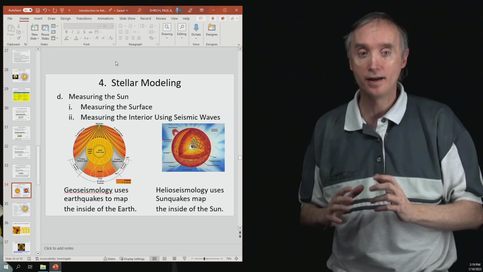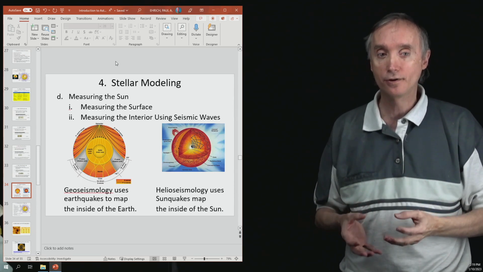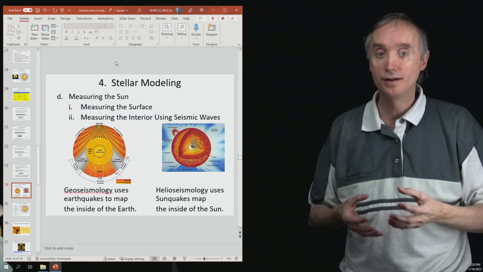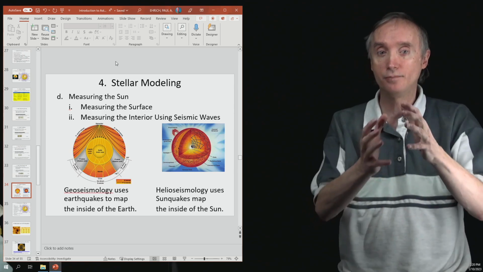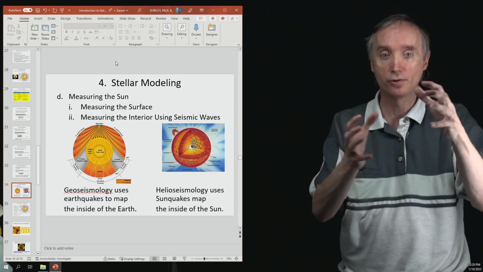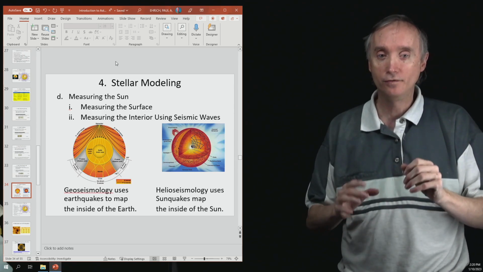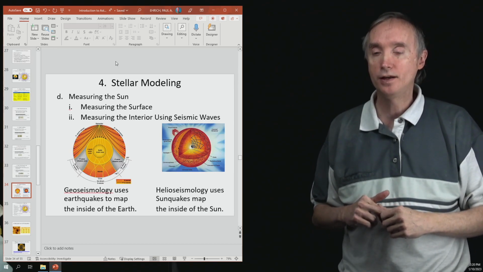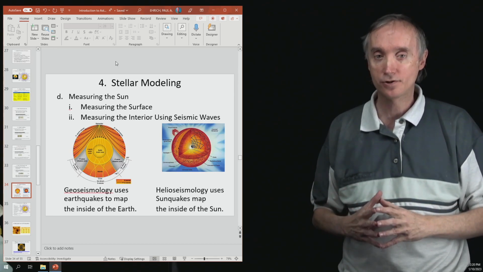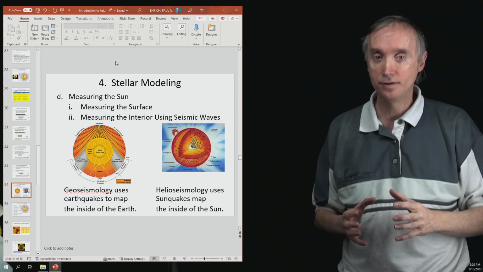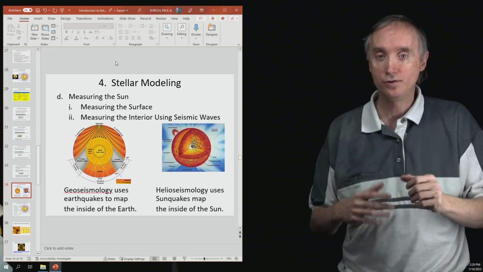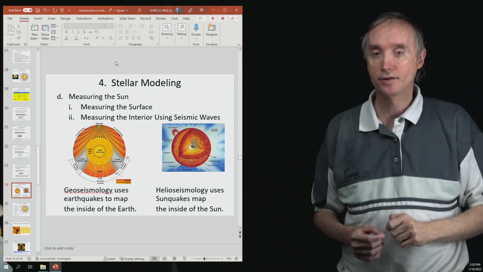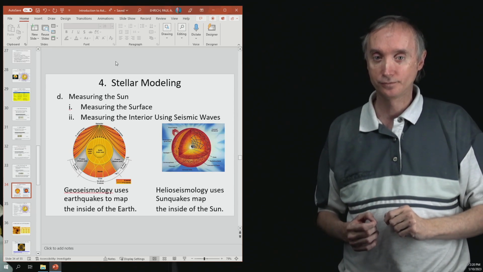It turns out that every time a nuclear explosion occurs inside of the sun because of nuclear fusion, it makes the sun vibrate. It's very, very complex, but we can actually measure those vibrations and determine that the sun has different layers to it, the same way that we can use vibrations to determine that the Earth has different layers to it.